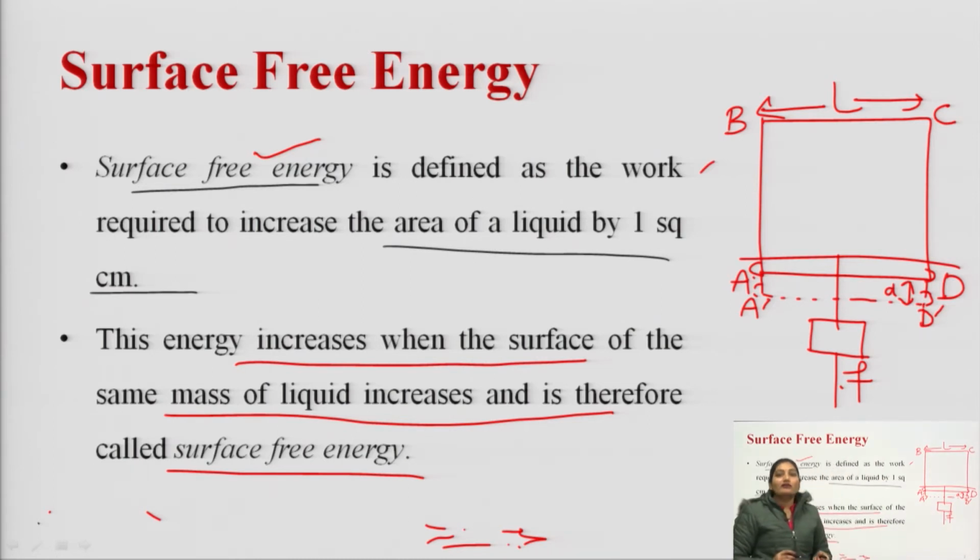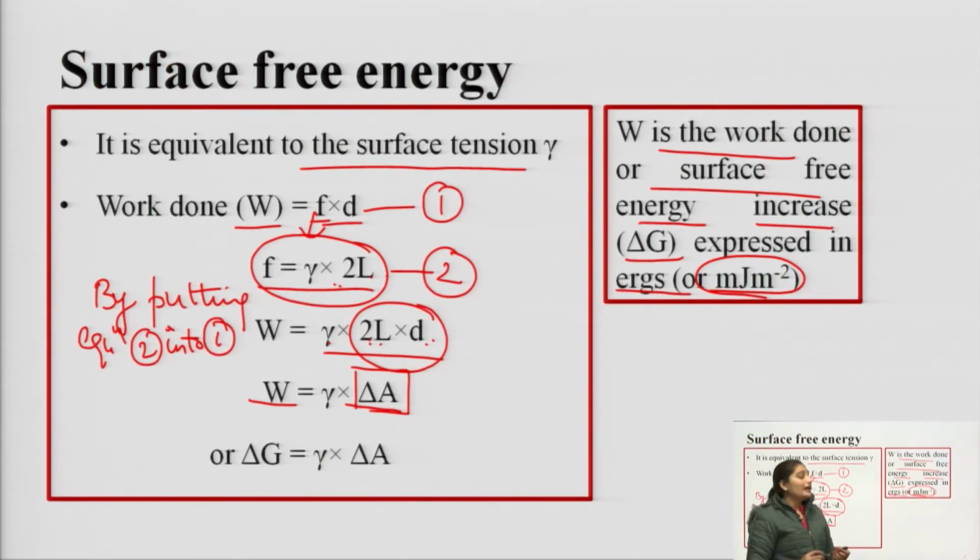Okay. So, work done will be equal to F into D, and F is represented by surface tension into 2L. Why 2L? Because there are 2 surfaces. Okay. And when we put equation 2 into 1, it will form W is equal to gamma into 2L into D, and 2L into D is delta A. What is delta A?